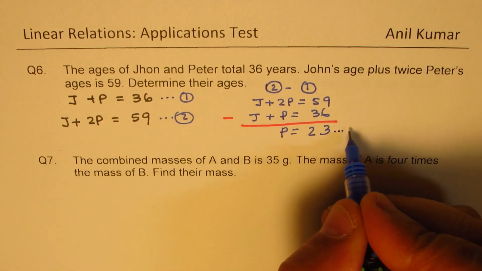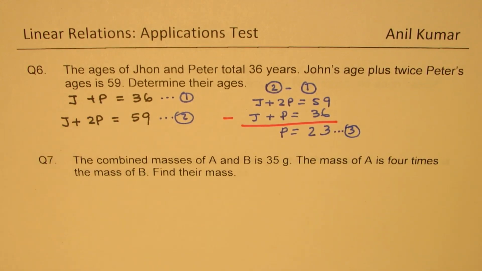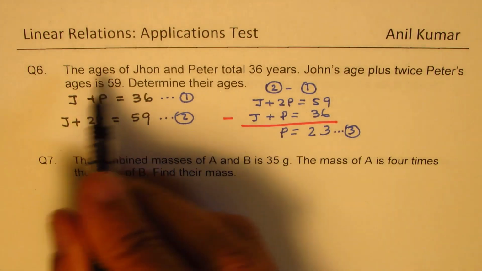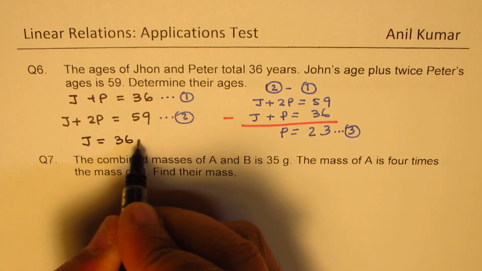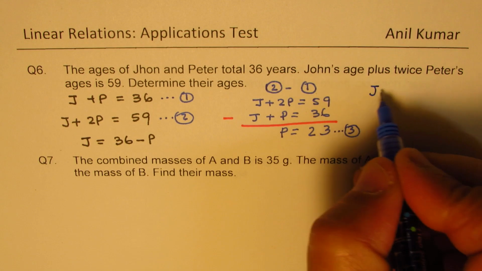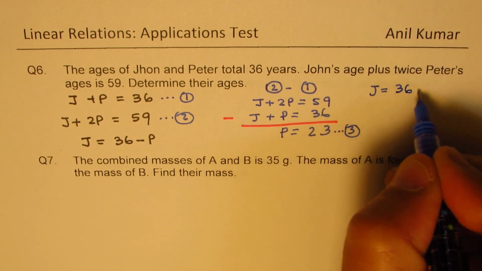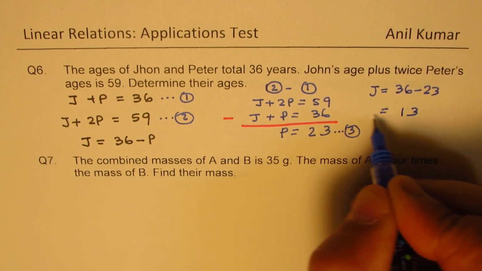We can call this equation number 3. And we can substitute this to get John's age. From equation 1, J will be 36 minus P. Is it okay? So J will be 36 minus 23, and that gives you 13 years, right?